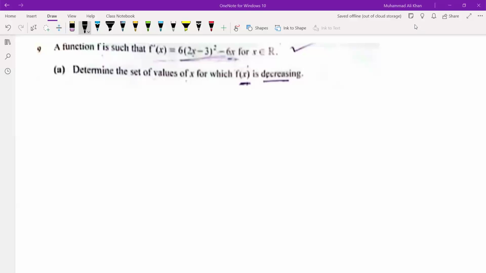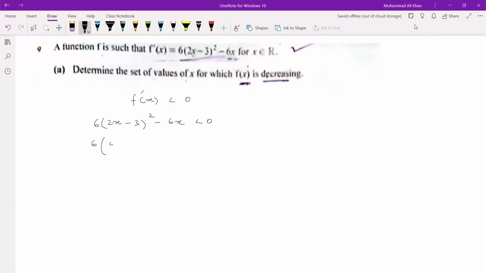Now, students, question number 9, a function f is such that f dash of x is given. Determine the set of values of x for which f(x) is decreasing. Means the gradient is negative. So here is the equation of gradient, 6 times (2x minus 3) whole square minus 6x less than 0.